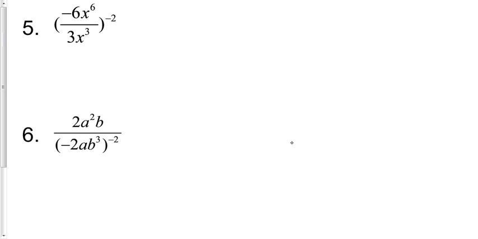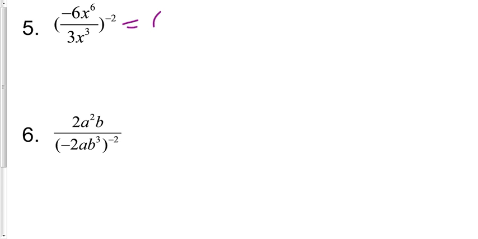All right, 2 more. I've got a lot going on in these examples, so there's multiple steps to do here. The first thing I would do is maybe simplify what's in parentheses, because I noticed that I can take negative 6 divided by 3. That gives me negative 2. And I've got the same variable here, x to the 6th over x to the 3rd, so I know I can simplify it.